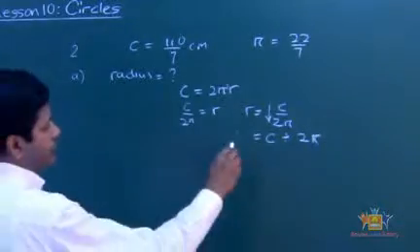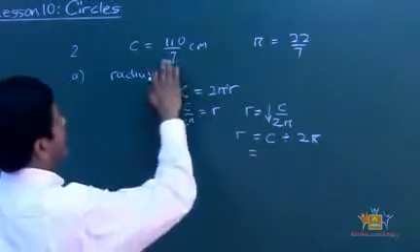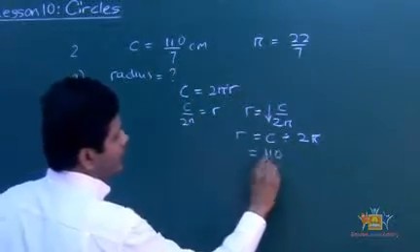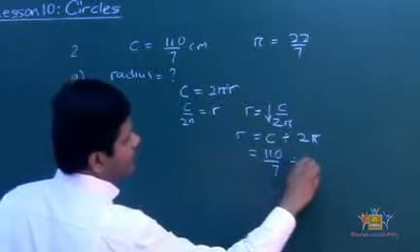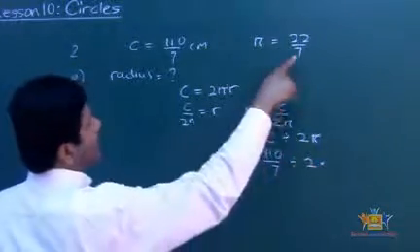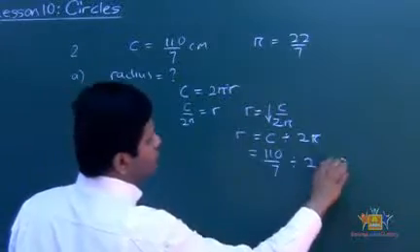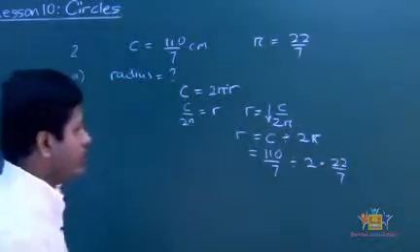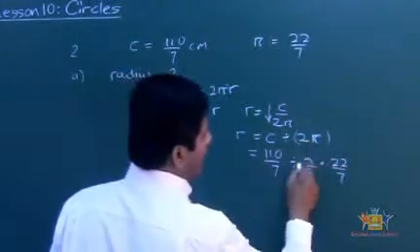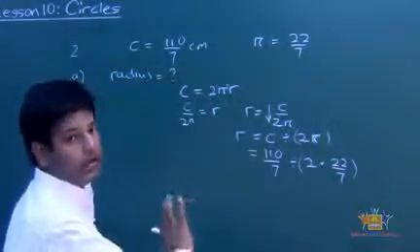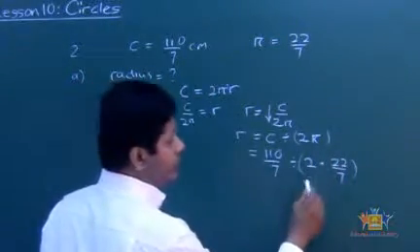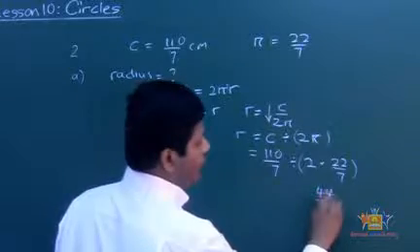Now let's substitute. We know C. C is 110 over 7. We're going to divide that by 2 times pi. Pi is 22 over 7. So now this is pretty much like a bracket. What's inside the bracket, you solve it first. 2 times 22 is 44 over 7.